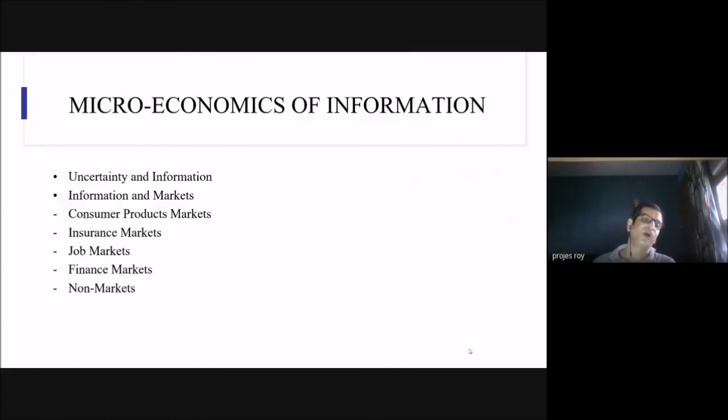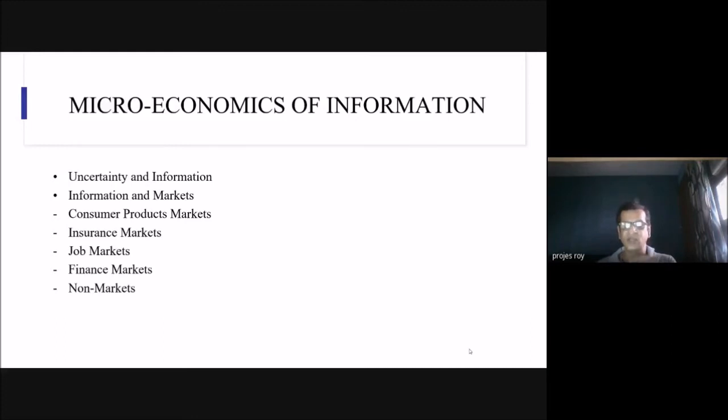Then the job market. Here you can understand what kind of labor is required in the market, the requirement of the job, and the people who are looking for the job. There are two different aspects in the job market. One is the availability of the job, and the other is the people who are looking for the job. Here the most important common bridge is information.